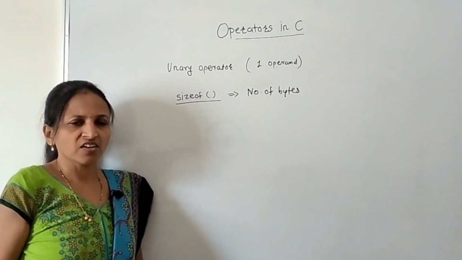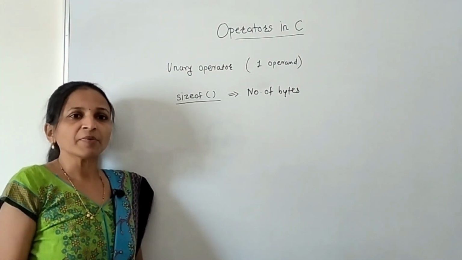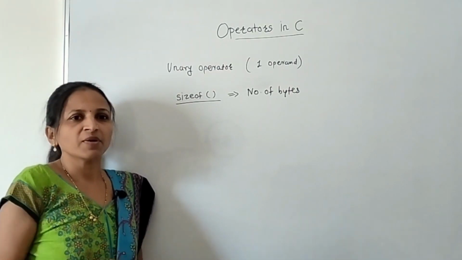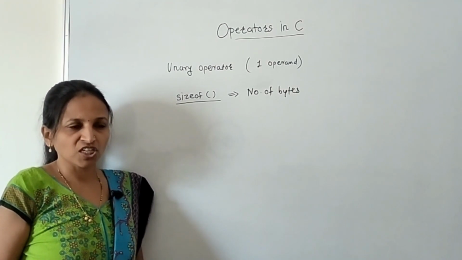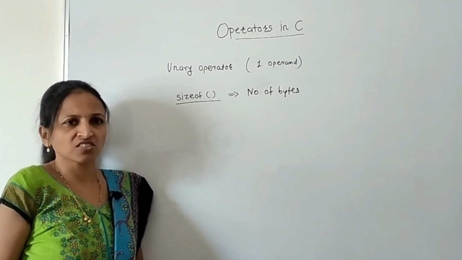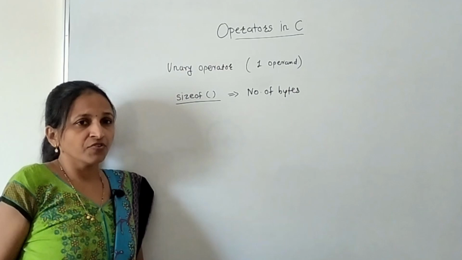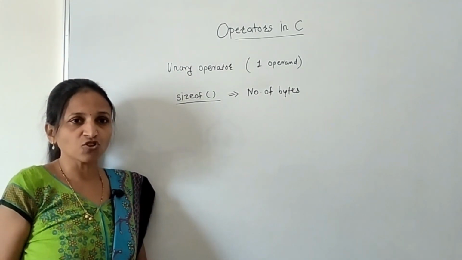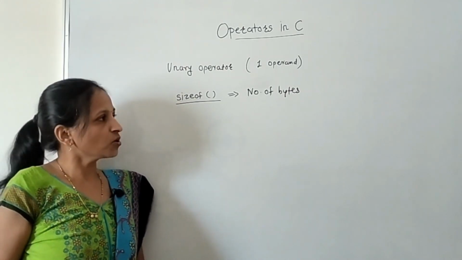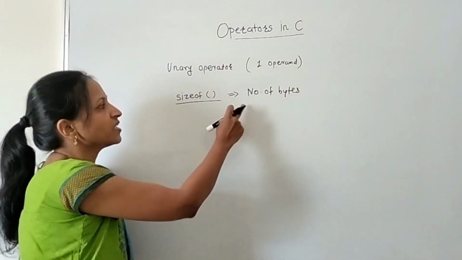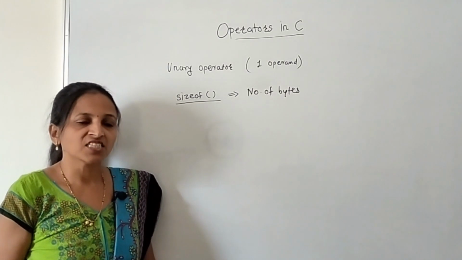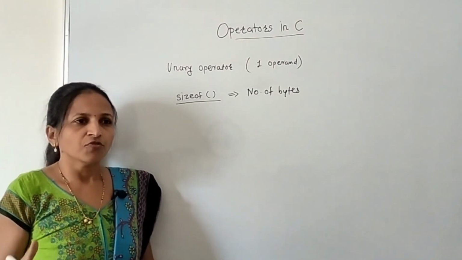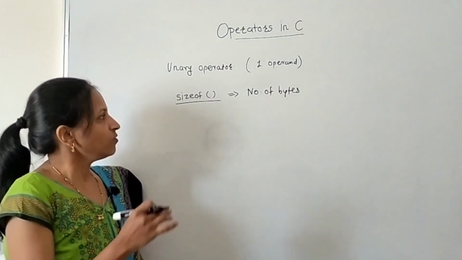In dynamic memory allocation there are multiple functions provided by the C language, and inside those functions we can use this sizeof operator to get the size of a particular data type. The sizeof operator will give you the number of bytes required to store a single integer or any variable.